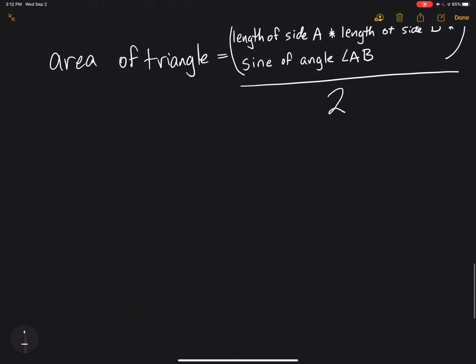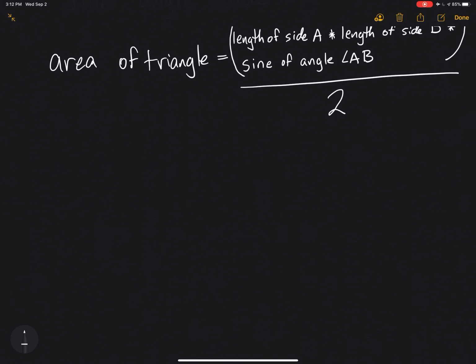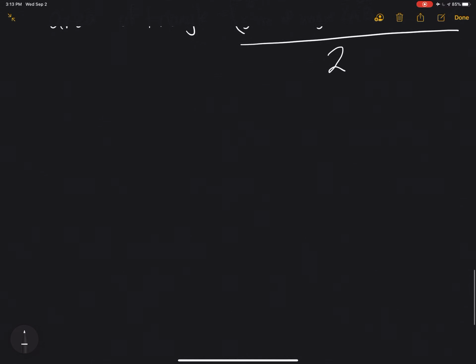Take the sine of that angle, multiply those three things together, and then divide that whole shebang by 2, because remember, with all areas of triangles, this is basically just figuring out the area of the rectangle involved, and then forgetting the other half of the rectangle that the triangle doesn't occupy.